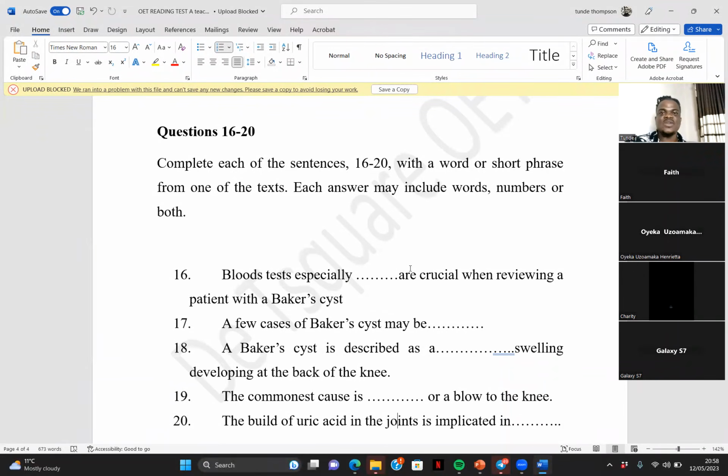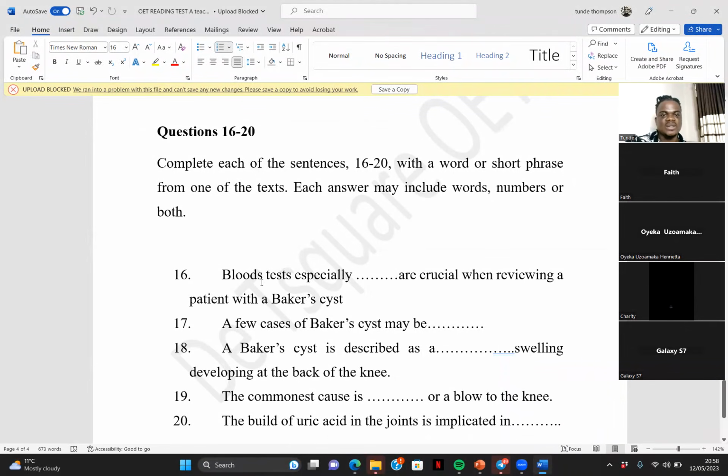If you fill in your gap and your sentence is not grammatically correct, you will fail it. Whether that answer you've put in is a part of the answer or more than the answer, making the grammar incorrect, it will lead you to a fail. So if you are putting any answer in there, the sentence must read correctly.